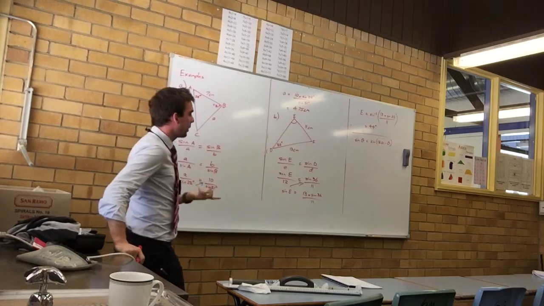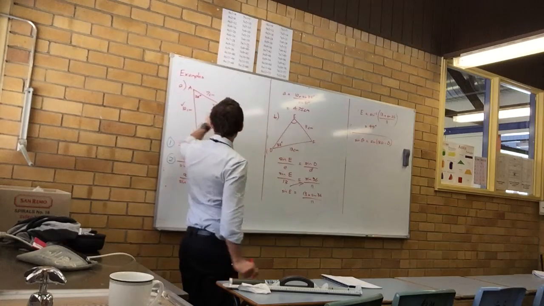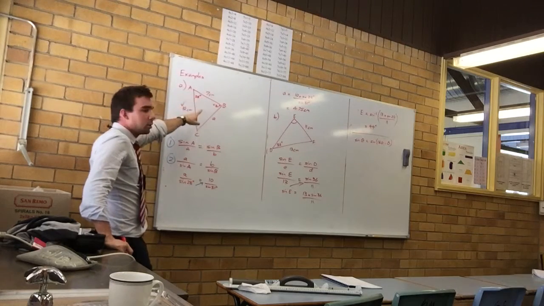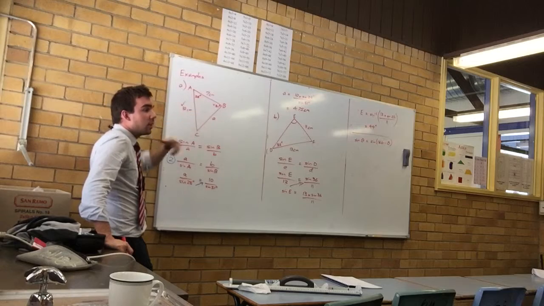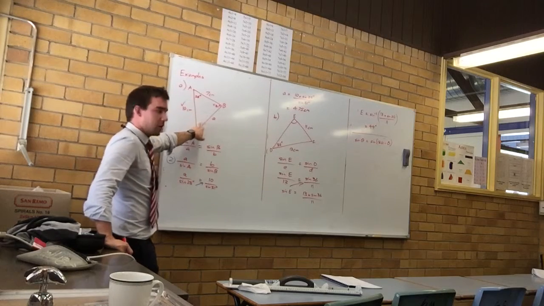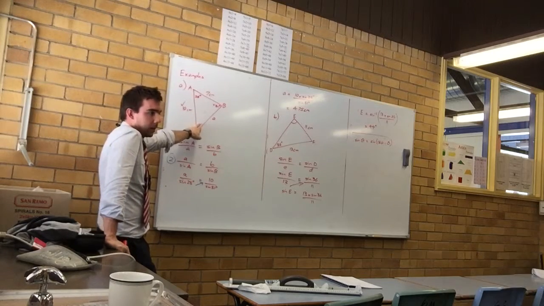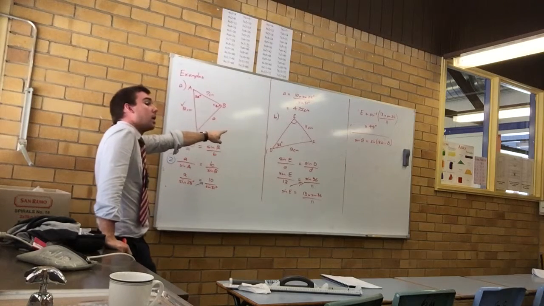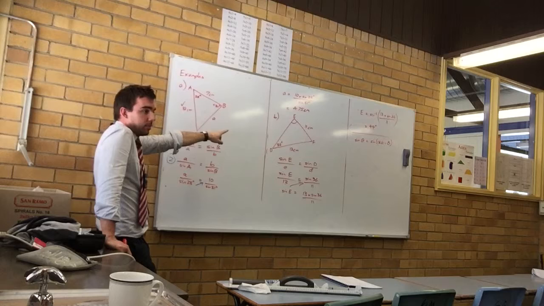Now the reason why I'm bringing this up: in my first diagram, you're given two angles, therefore there is only one value the remaining angle can be, correct? In the second diagram, you're only given one angle.